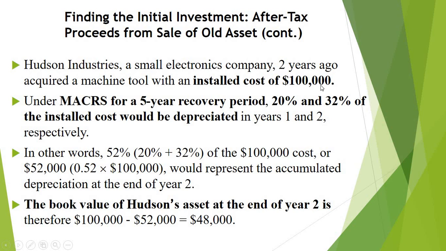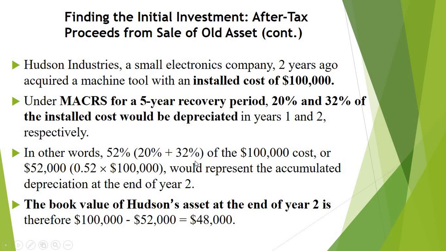The machine is depreciated under MACRS for a 5-year recovery period. As it was bought 2 years ago, depreciation for the first year under MACRS 5-year recovery period is 20% and for the second year is 32%. So over the 2 years there will be in total 52% depreciation.